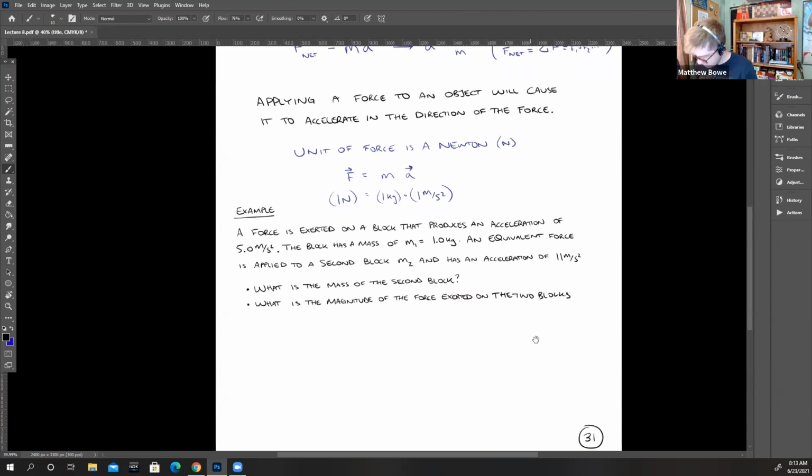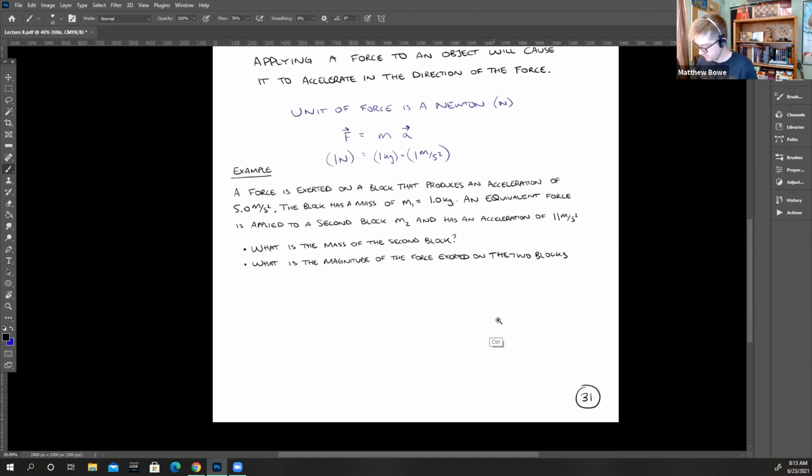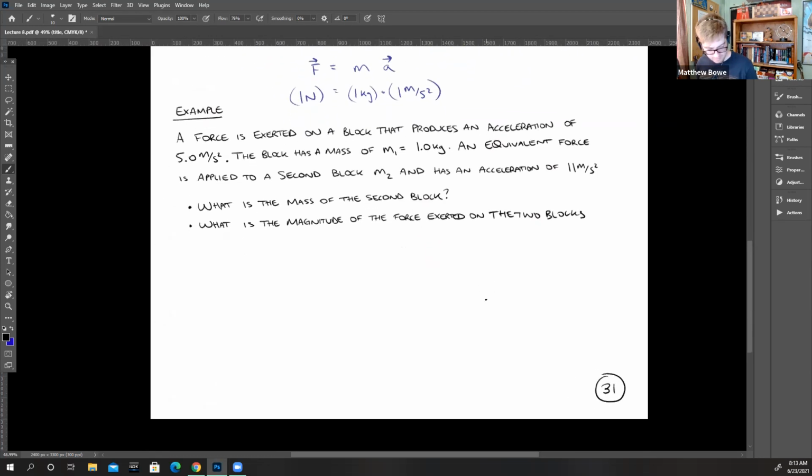Okay, so let's first start out with, I always start with a picture. We have this block that is just being pushed, and it's called mass 1.